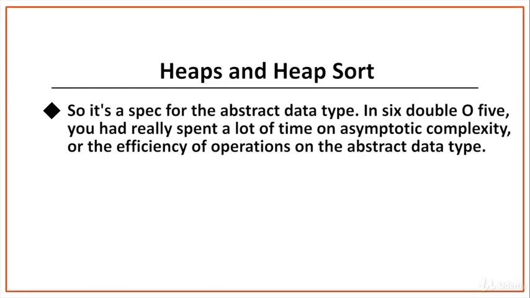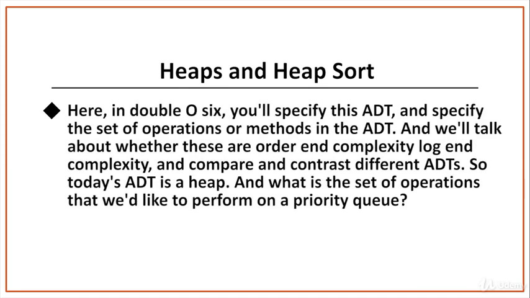In 6.005, you spent a lot of time on asymptotic complexity, or the efficiency of operations on the abstract data type. Here in 6.006, you will specifically use this ADT and specify the set of operations or methods in the ADT, and we'll talk about whether there is an order n complexity or log n complexity, and compare and contrast different ADTs.